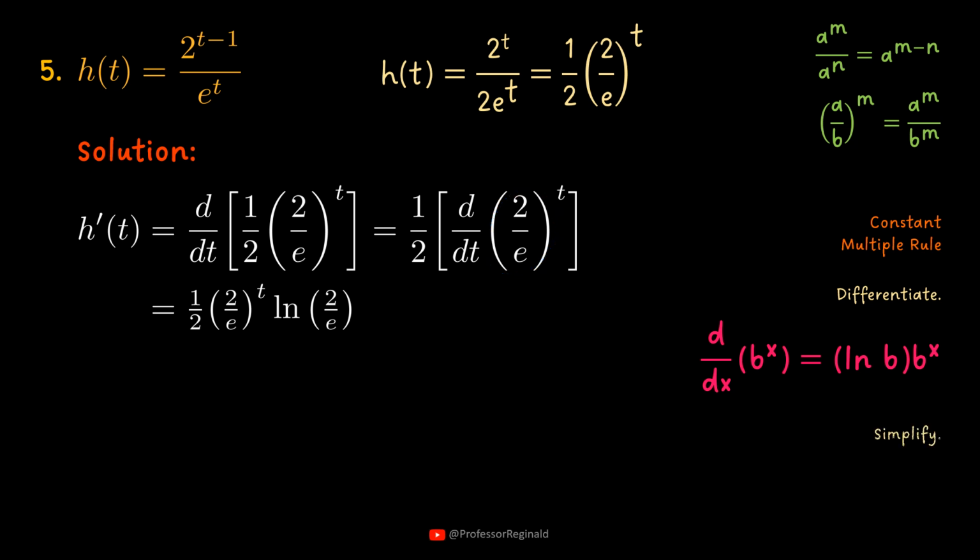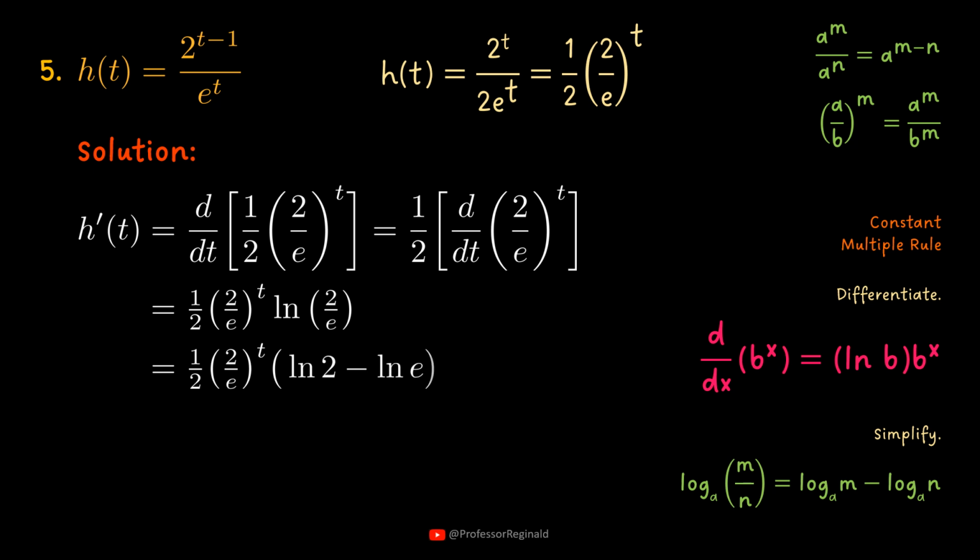Simplify the derivative using a property of logarithm. Thus, h prime of t equals the natural logarithm of 2 minus 1 times 2 raised to t all over 2 times e raised to t.